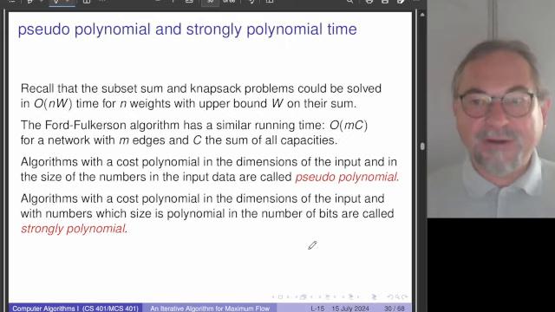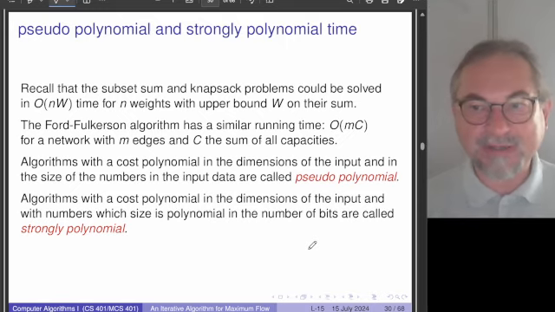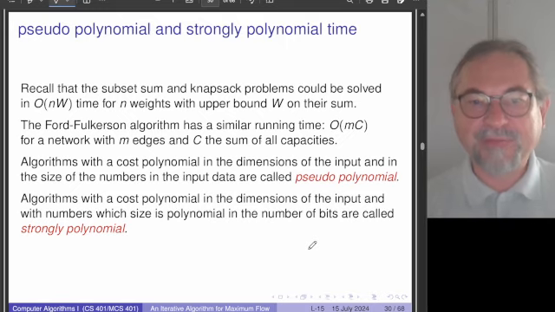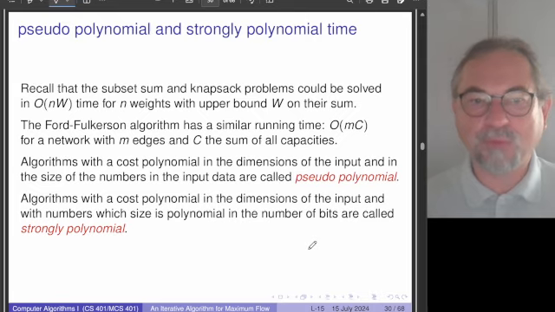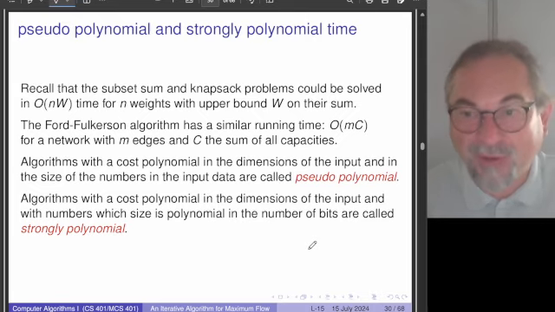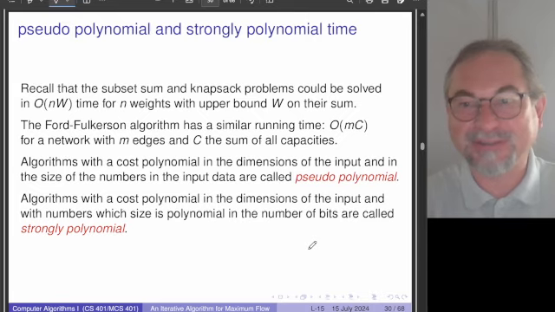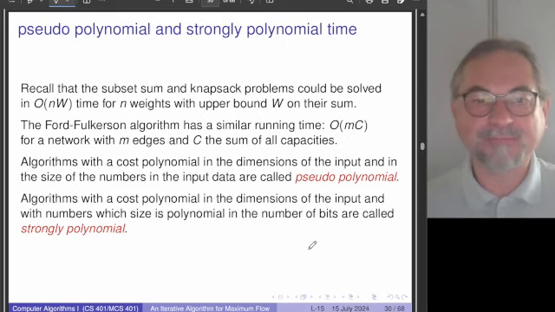We always express our algorithms in terms of the size of the input. If the size of the input also depends on the size of the numbers, then we have pseudo polynomial, because if we allow all integer numbers, they can grow unboundedly as well.